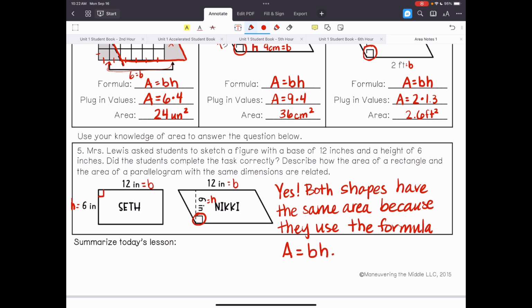And so if the base and the height are exactly the same, they will both end up having the exact same area. We do have to call attention to that they're both in inches. So take a second to finish writing that down.